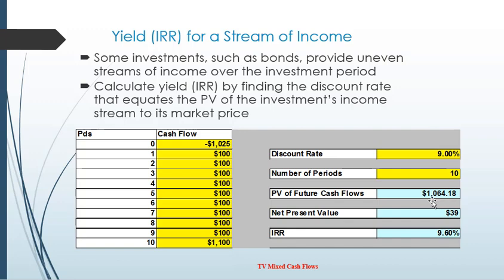The present value is worth $1,064, and you're going to pay $1,025. So your net gain, what's referred to as net present value, is $39. The internal rate of return on this investment is 9.6%. So again, it's a complicated formula, if you will, to figure out the values for returns, and it's especially difficult when we have more than one cash flow.